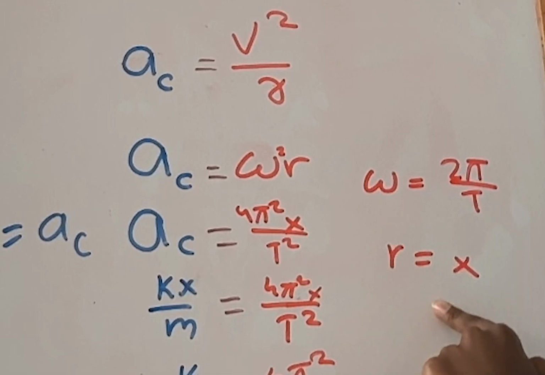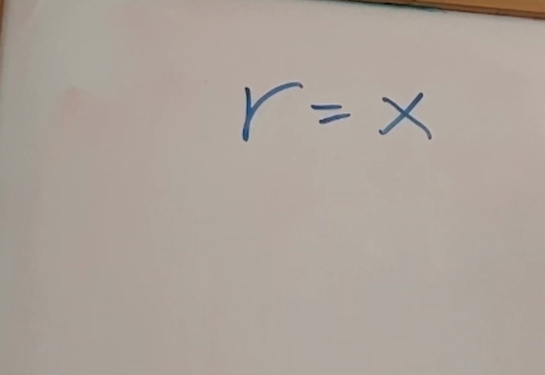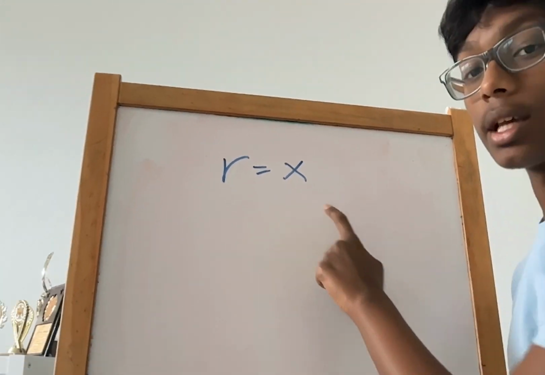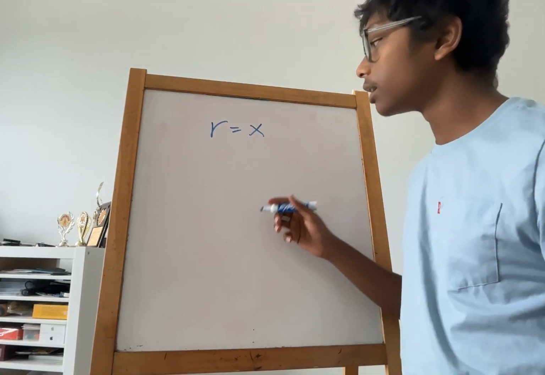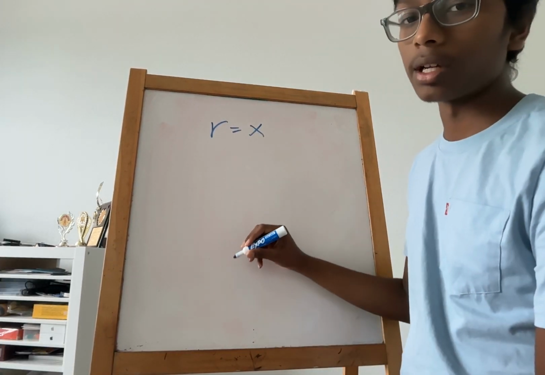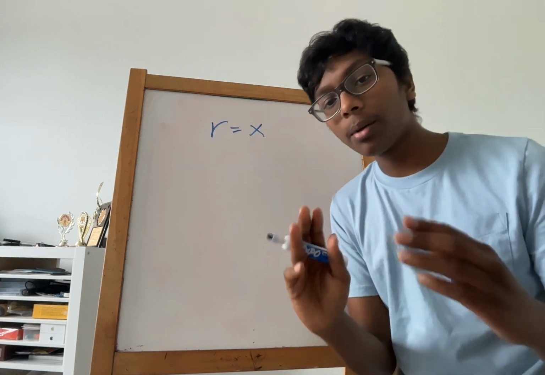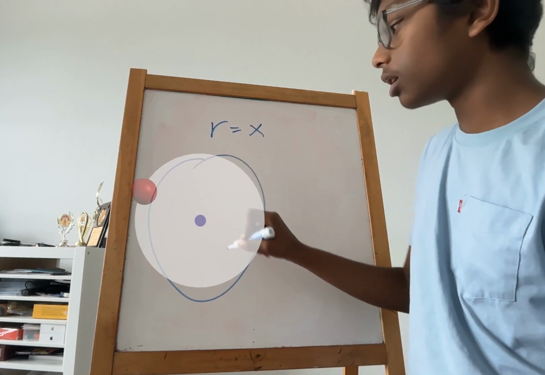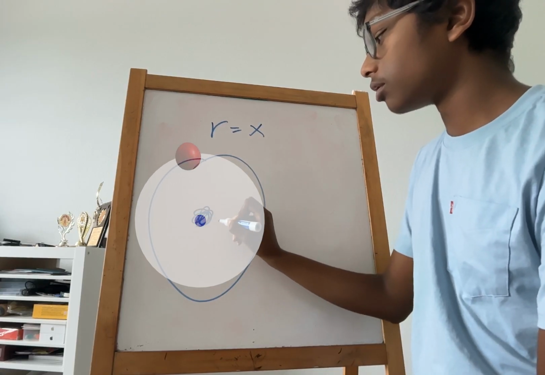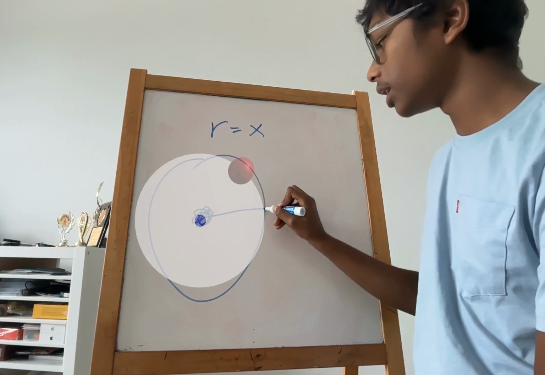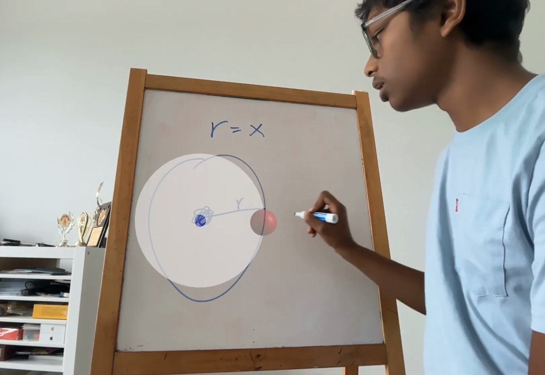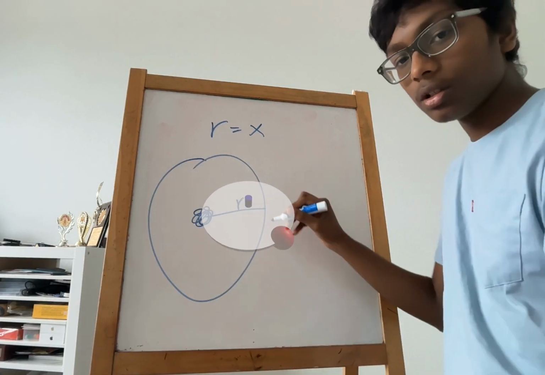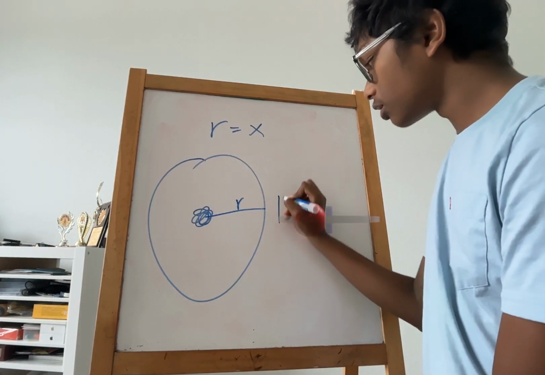We also substitute r in for x. Earlier I said that r is equal to x, and I didn't really specify that. Here's why r might be equal to x in this case. If you look back to our original simulation, we have our circle, and this is our center mass, and then this is the radius. So this is r, and when we flip it into the two-dimensional view, it looks more like a spring.